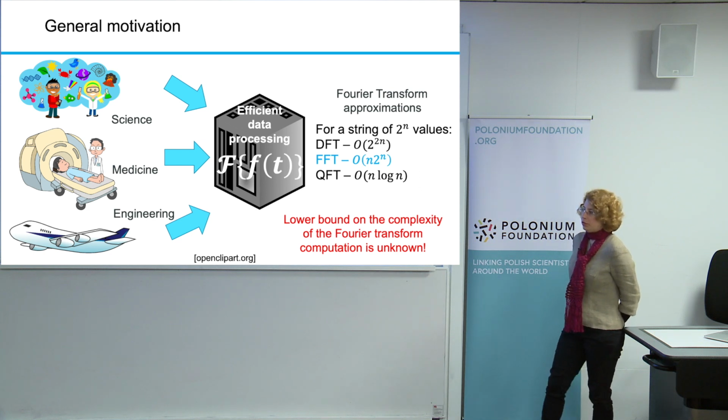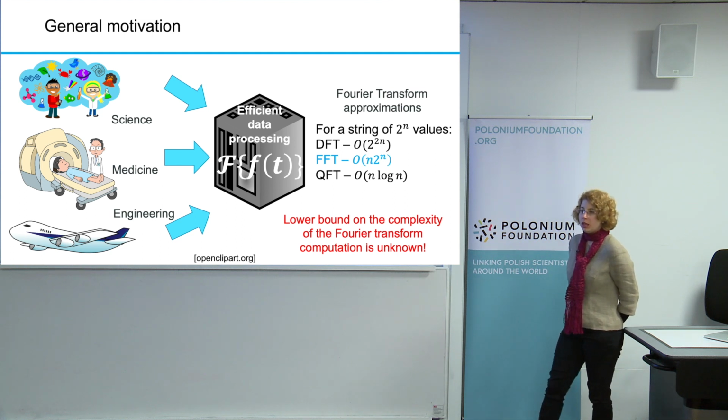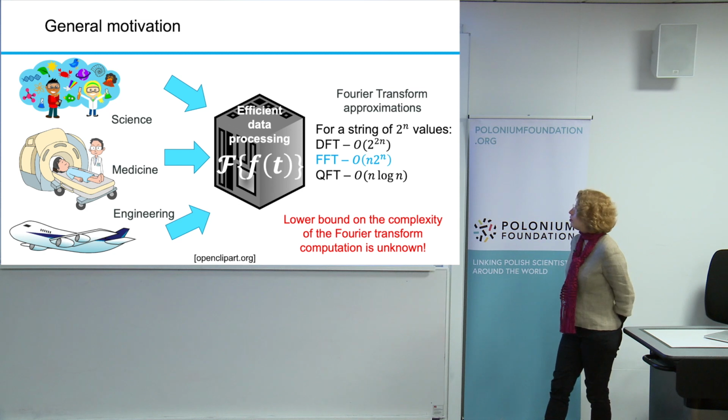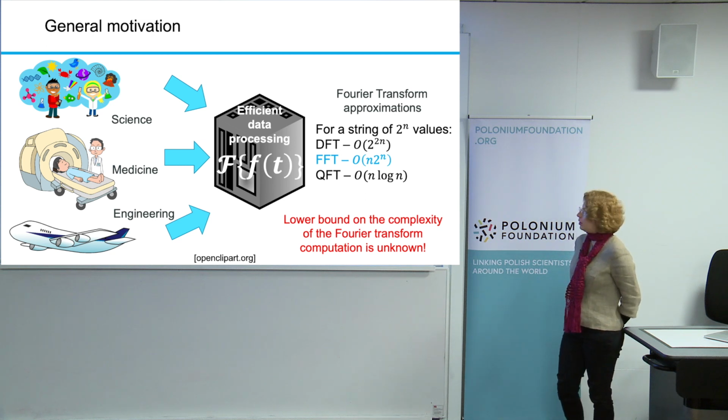The benefit of the discrete Fourier transform we can take actually from the algorithm called the fast Fourier transform, which imposes additional assumptions on the discrete Fourier transform but lowers the complexity to n times 2 to the n. This maybe does not seem much, but it is actually a large speedup in information processing.